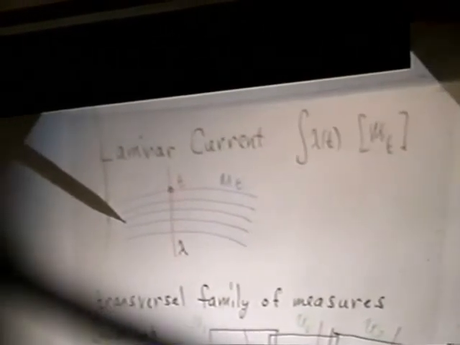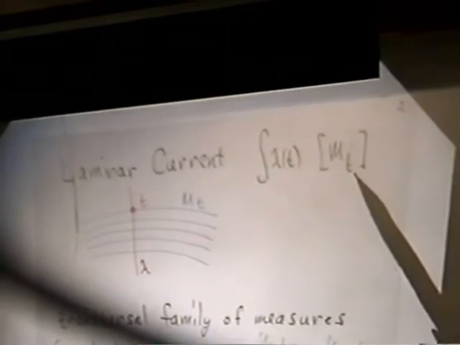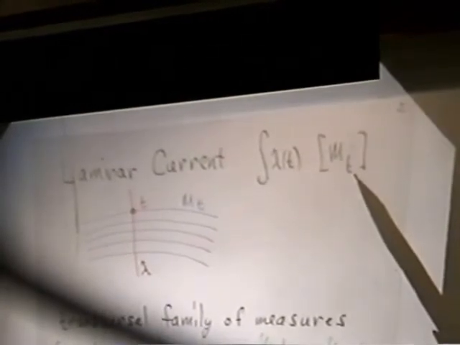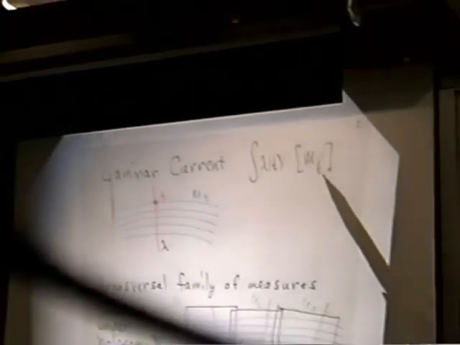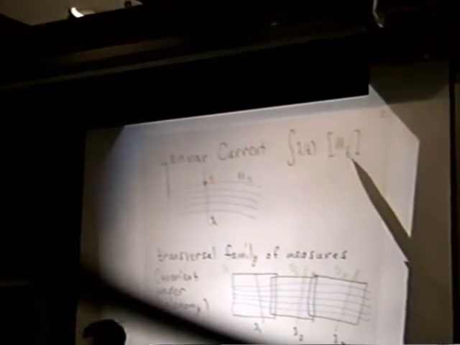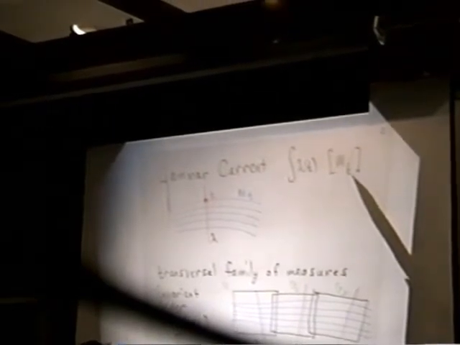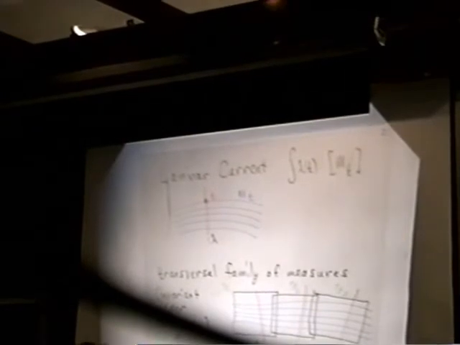I have a measure lambda on this transversal, and for each value t of the parameter, I have a current of integration, and I can just integrate that with respect to the measure lambda. So that's what this notation means, and that's an object that we want to use a lot, the laminar current.